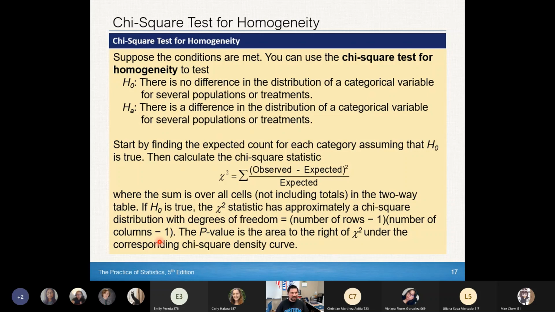When we're doing chi-square tests, whether it's goodness of fit, test for homogeneity, or test for independence, which we'll see next, the degrees of freedom is always based on the number of categories. The p-value is the area to the right of chi-squared under the corresponding chi-square density curve. We need a moment to write anything down from this screen.